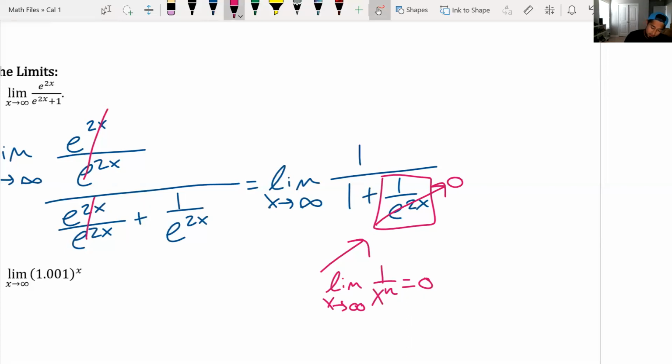Okay. And then all we are left with is 1 over 1 plus 0, or just 1. There's our limit.